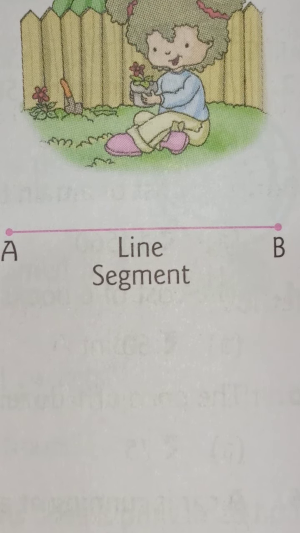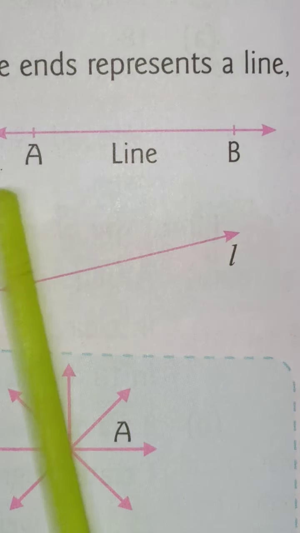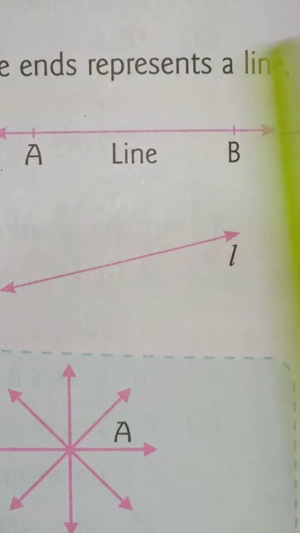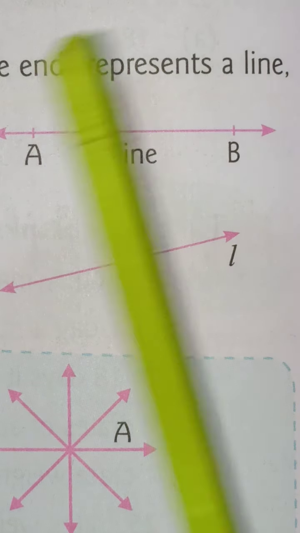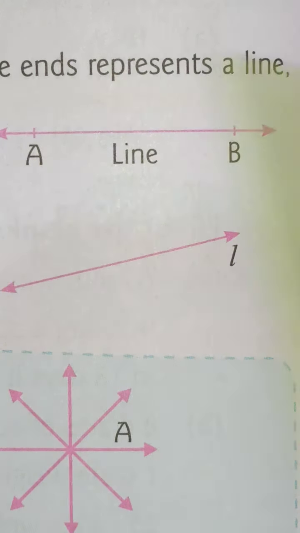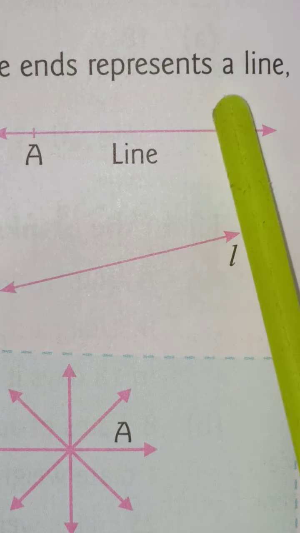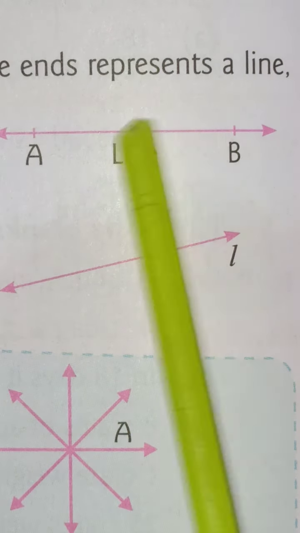Then next, what is a line? A line is an endless straight path that extends in both directions. A line has no end point. A line AB extends on both sides, marked by arrow marks on both the ends, denoted by AB.